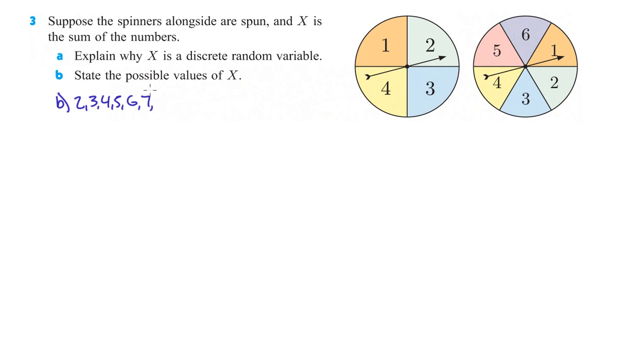But 2 plus 6 will give us 8. 3 plus 6 will give us 9. 4 plus 6 will give us 10. So these are all the distinct possible outcomes, and those are countable. 1, 2, 3, 4, 5, 6, 7, 8, 9. There's 9 of them. That helps explain why x is a discrete random variable.